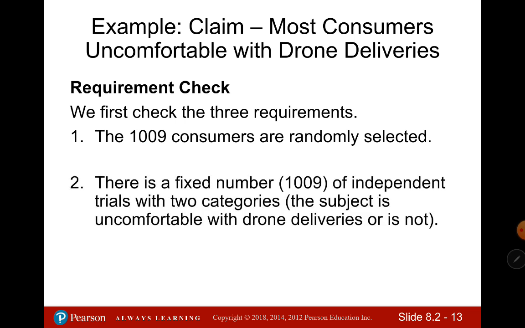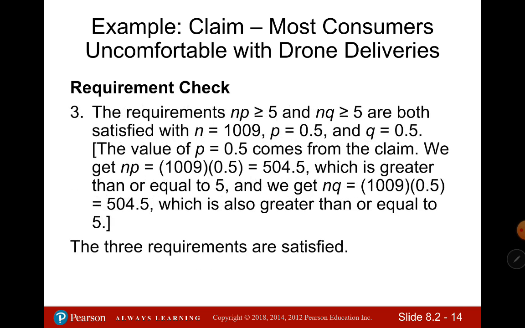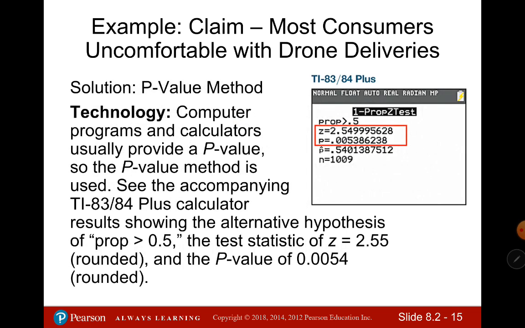Second is about the binomial distribution: a fixed number of trials, and we only have two kinds of result, comfortable or uncomfortable. And both np and nq are greater than 5. So all of the requirements are satisfied.